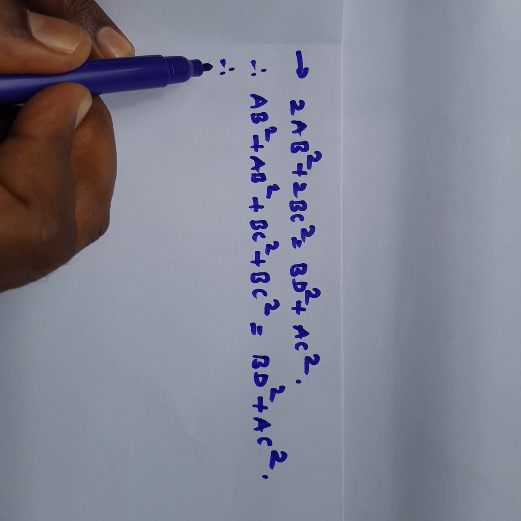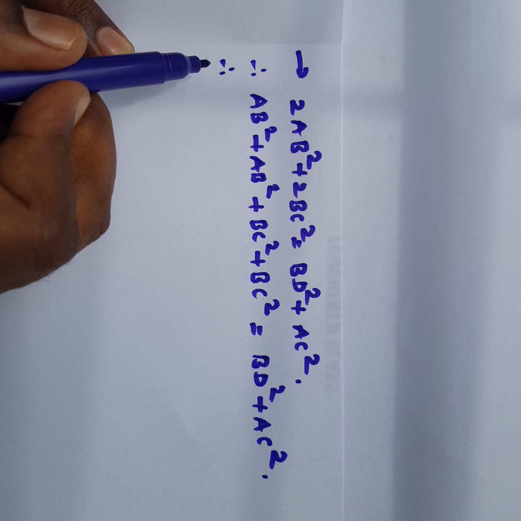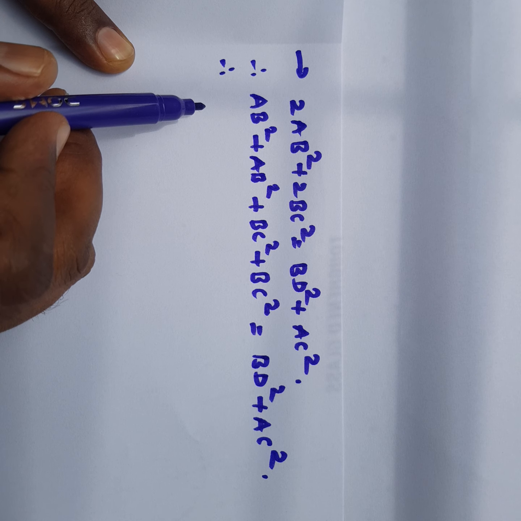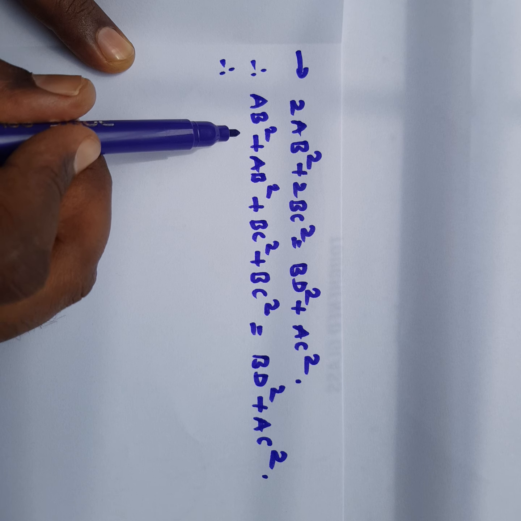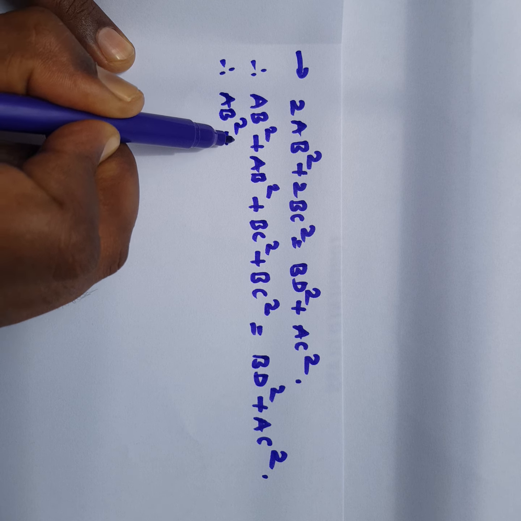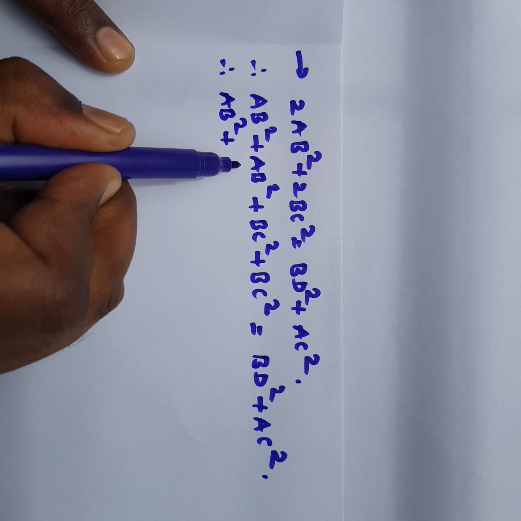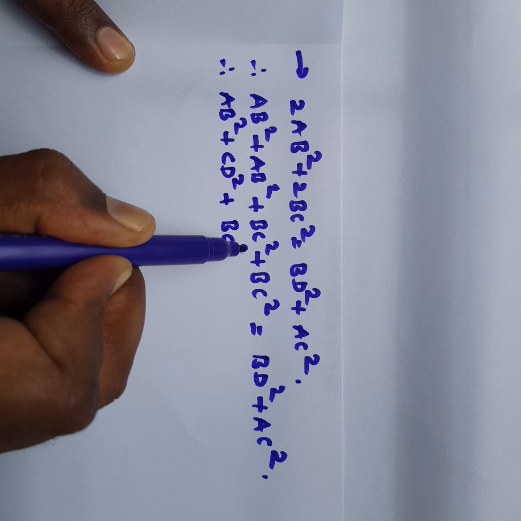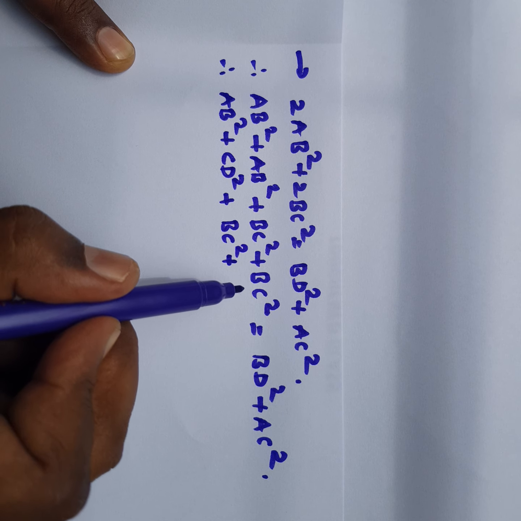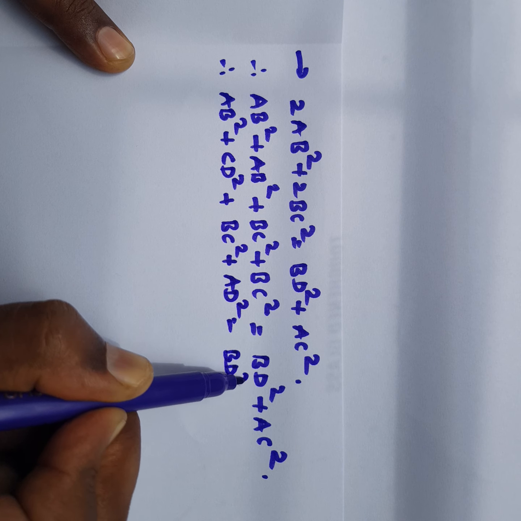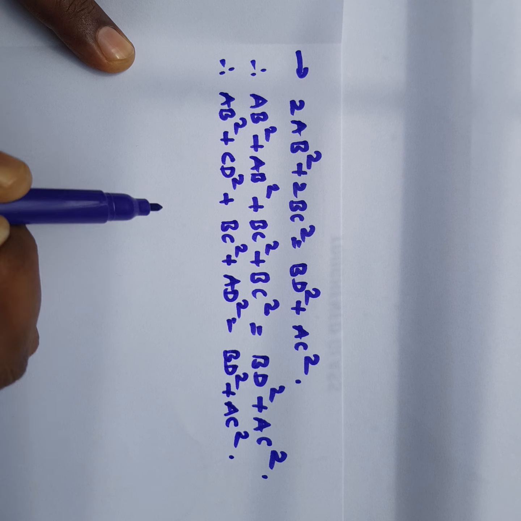But we know from equations 1 and 2 that opposite sides of a parallelogram are congruent. Therefore we can write, instead of AB, CD square, and instead of BC, AD square, is equal to BD square plus AC square.